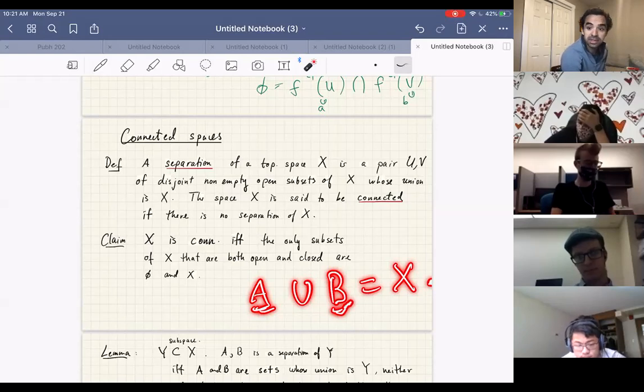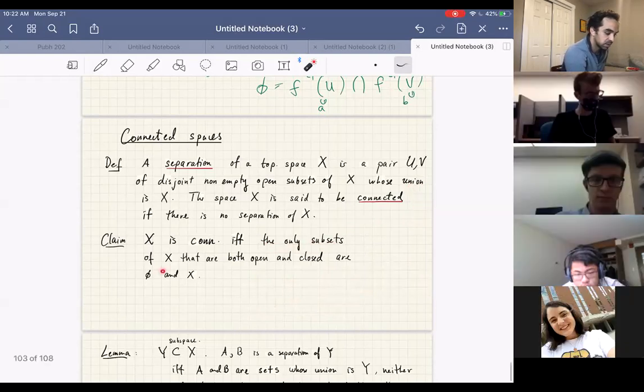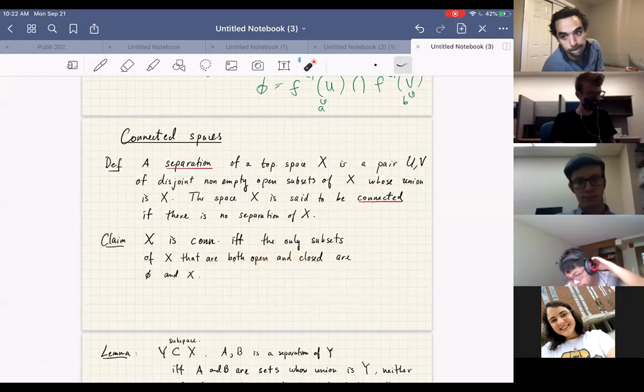And all of these implications I used are if and only ifs, actually. So this is exactly a reformulation of the fact: this definition of connectedness is a reformulation of the fact that the only subsets of X that are both open and closed are the empty set and X.